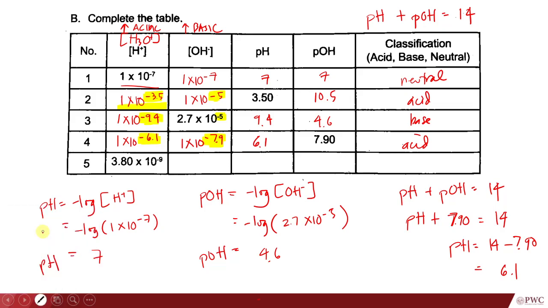Next, we have 3.8 times 10 to the power of negative 9. This one is the hydronium concentration, or the H plus concentration. We can determine the pH using this equation. Here the concentration of H plus is equal to 3.8 times 10 to the power of negative 9.